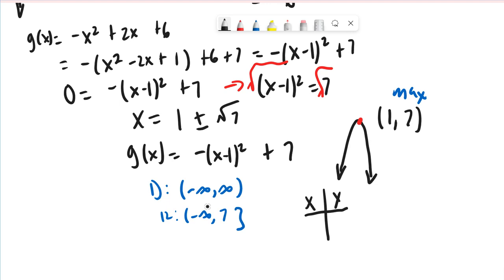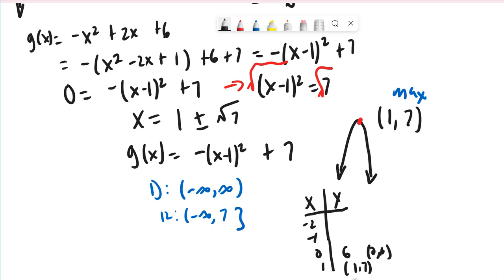You just have to plug in as many values as possible, such as -2, -1, 0, 1, and plug those into the equation. Now note that at 0, you would get the y-intercept, which in this case is just 6. But if you plugged in 1, that's where you get 1 comma 7, and this is 0 comma 6.